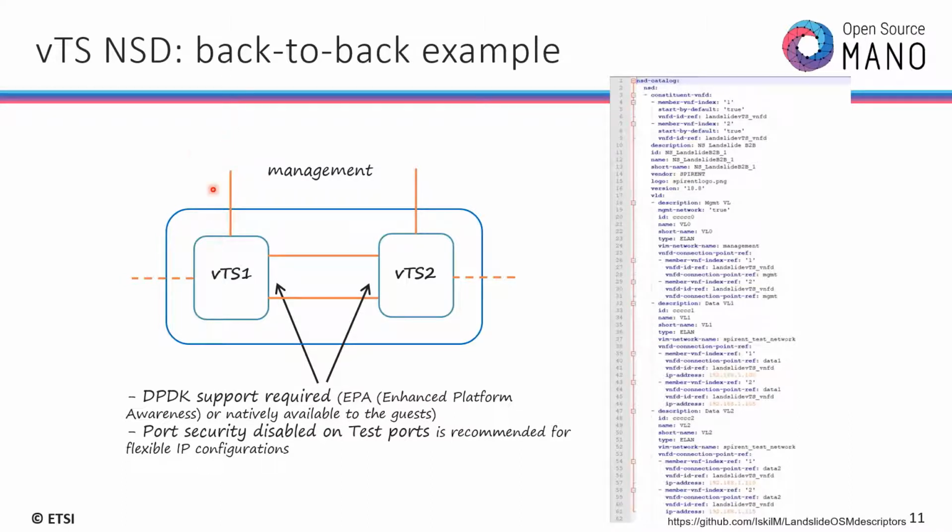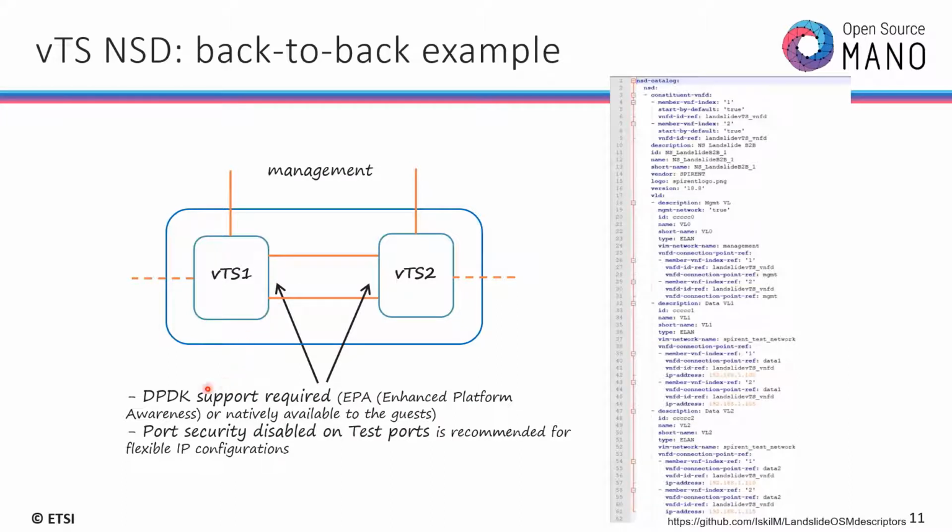So you have a management network, which is used for you to connect to your VTSs if you want to, but mainly for the VTSs to interact with the virtual task, to push the test case logic and to report the metrics back to the virtual task. And then here you have the test ports that are used to effectively generate the emulated traffic that could be sent either to another VTS, like here in the case of a back-to-back emulation, or eventually to a 5G core or 4G core, or whatever network function that you actually want to test.